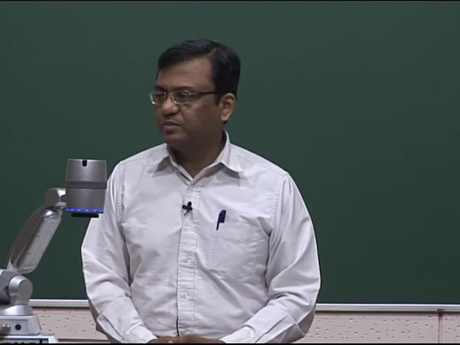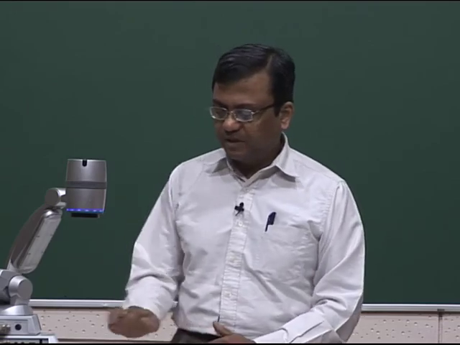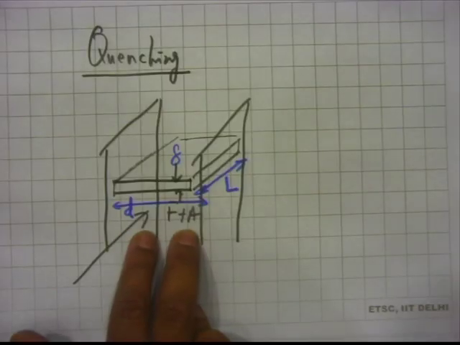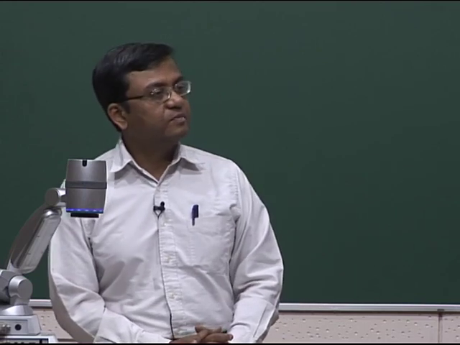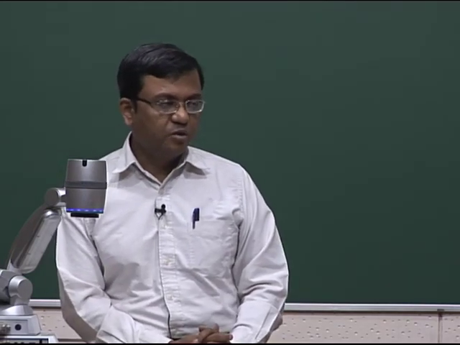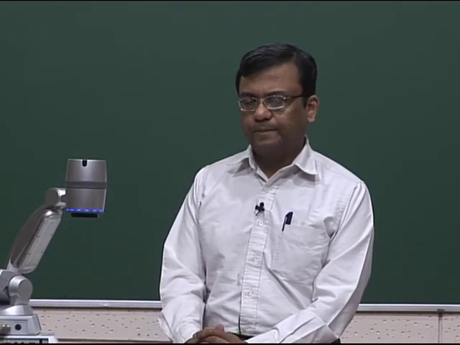So, it is possible that if the distance d is small, d is in your hands, whether you keep the two walls far from each other or you bring the two walls close to each other, that is in your hands. So, if you make d small, then the experimental evidence which we had seen in that video tells us that the flame may not propagate.